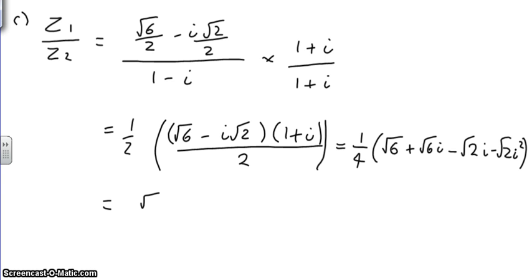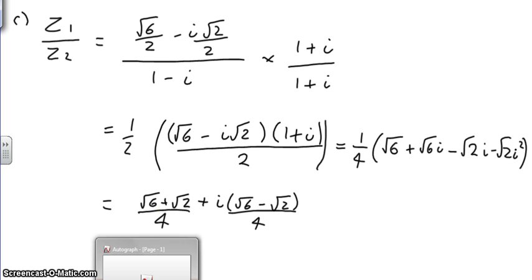So we have root 6 plus root 2, add i times root 6 minus root 2, all divided by 4. But because we want them in the real part and the imaginary part, this is a and this is b. So therefore this must be equal to cos pi by 12, and this is equal to i sine pi by 12. The real part is cos pi by 12.